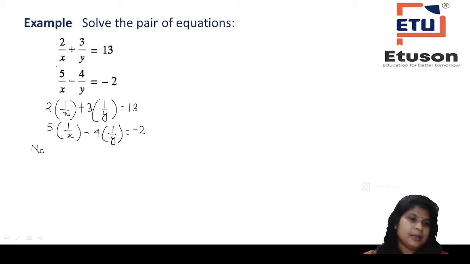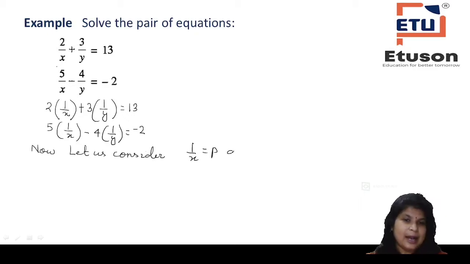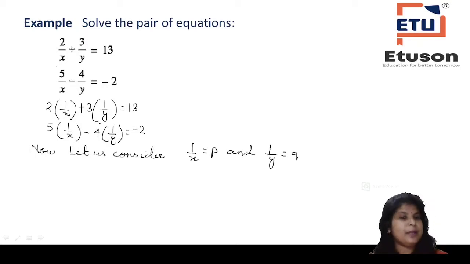Now, let us consider that 1 by x is equal to p and 1 by y is equal to q. Okay, so wherever 1 by x is there, we are going to substitute it by p and 1 by y by q.